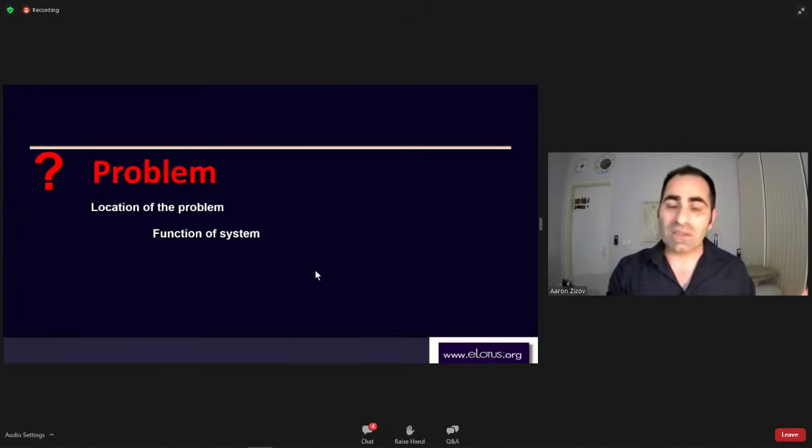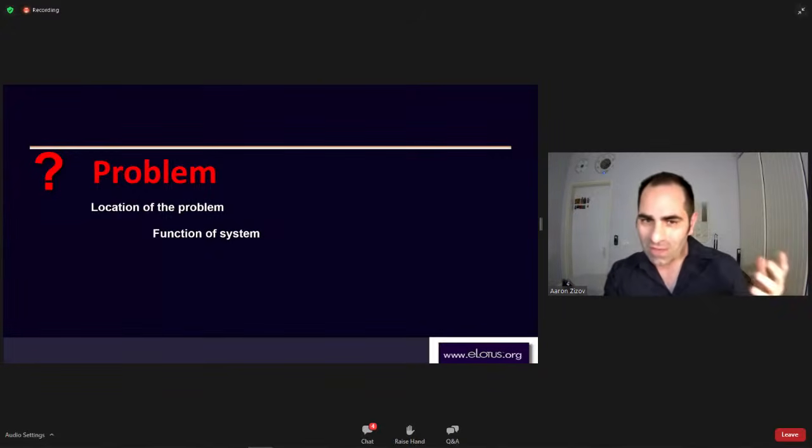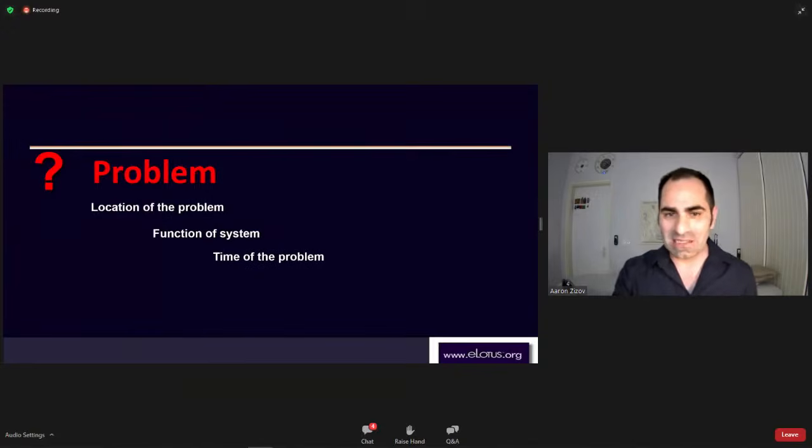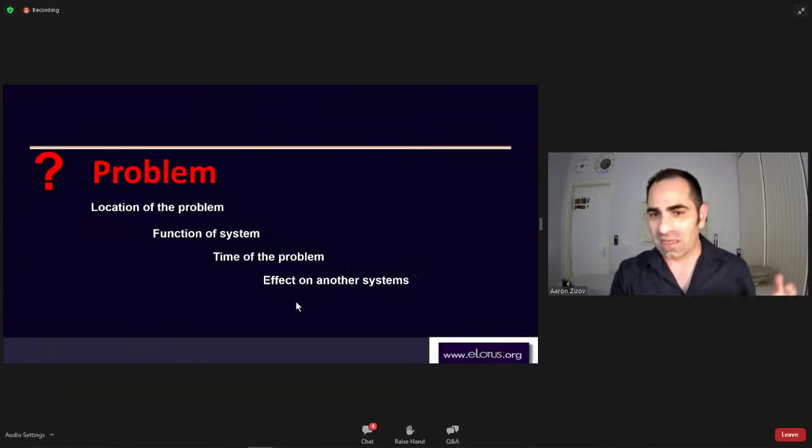So what is the function of the system? Is it a muscle? Is it a nerve? Is it blood circulation? Is it emotional issues? Which system does it sit on? How much time has the patient had this problem? What is the effect on other systems?